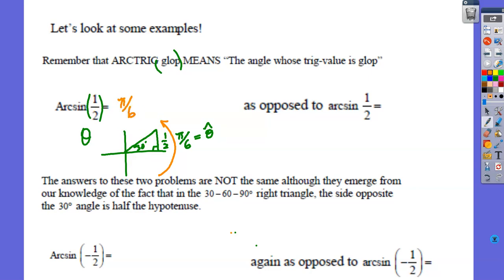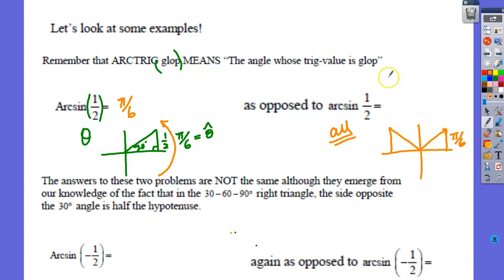Now, how is that different to lowercase? Remember, lowercase allows me to choose all angles that would work. So I have to think, I know that a pi over 6, a 30-degree reference angle works. Where else is sine positive? Also in the second. So I need every version of those 2 angles.